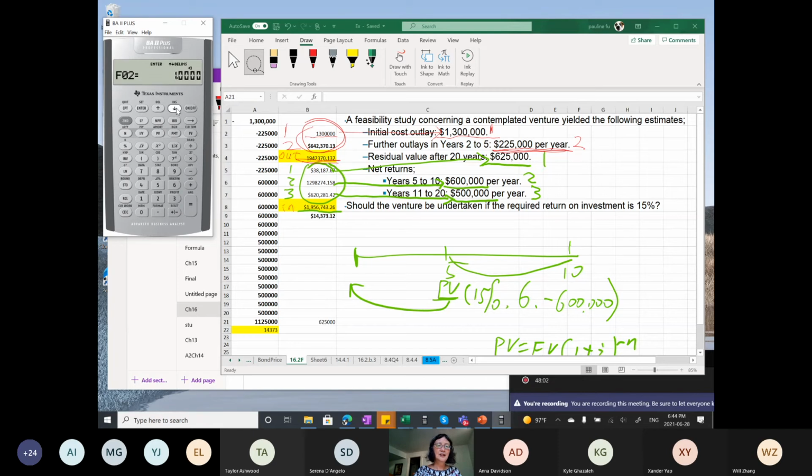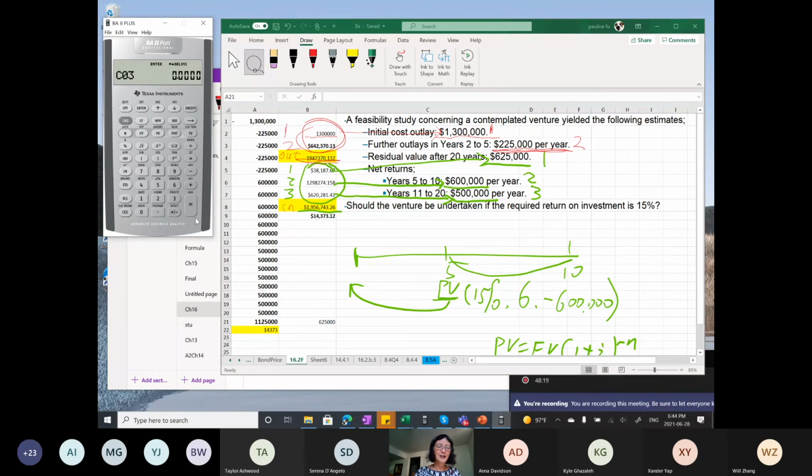Enter. Down arrow key. This number occurred how many times? 6 times, you count here 6 times. So you type in 6. Enter is the frequency. Then down arrow key.